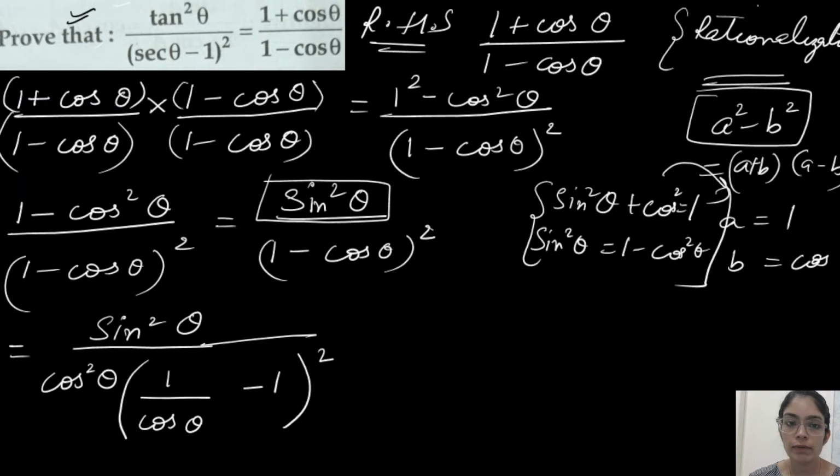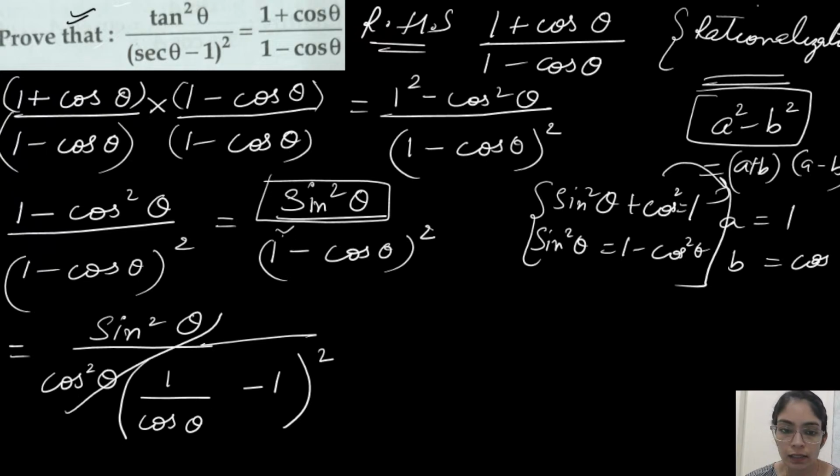Whenever you take a common factor, you take out the trigonometric ratio. So here you can write 1 by cos, and because we have taken it out, here it will be 1 only, since if nothing is there, you have to write 1. Is this step clear?